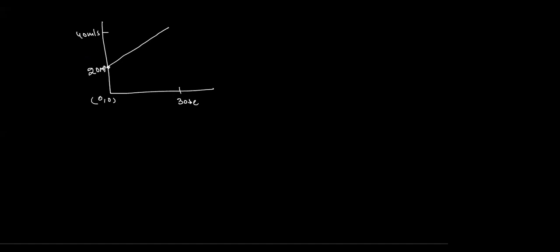What will be the coordinates of point A and the coordinates of point B? Tell me, Veer, what is the coordinate of point A? If a person wants to go to point A, what is the coordinate of point A?